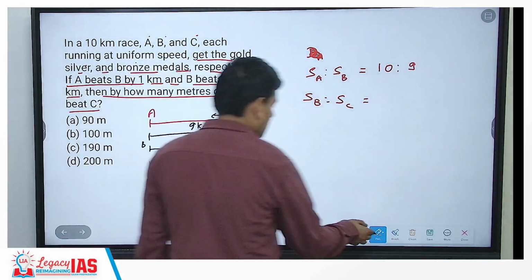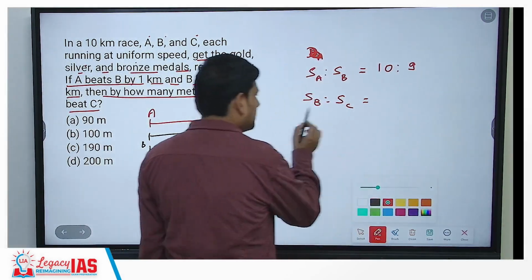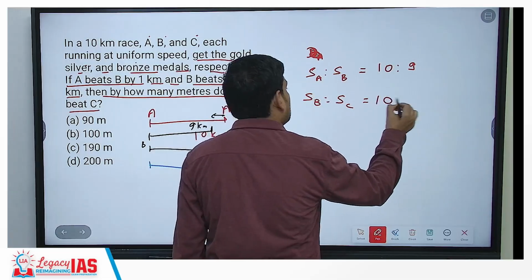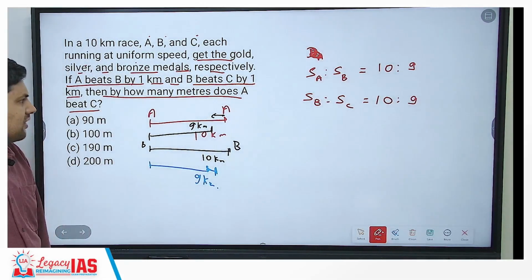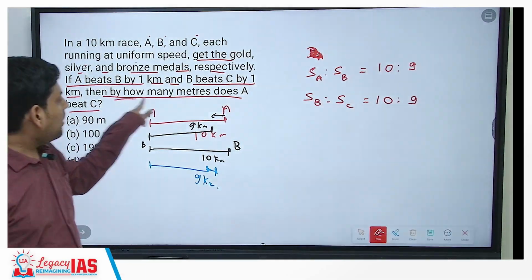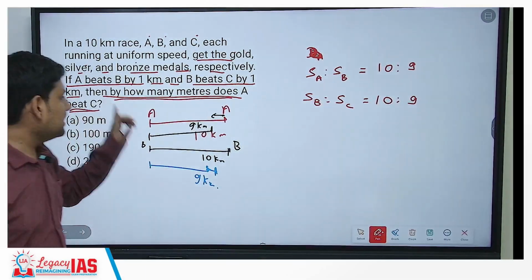So now similarly you can get the ratio of speed of B and C also. That also comes out to be 10 ratio 9. Understood till here? Now it is asked, then how many meters does A beat C by?